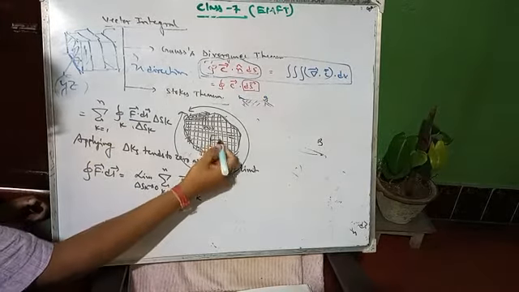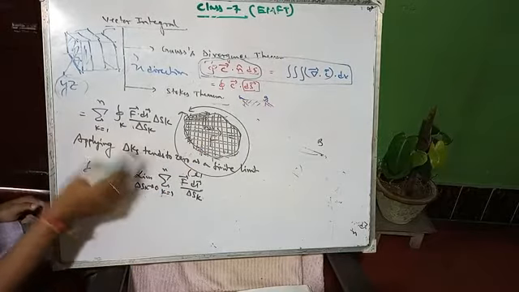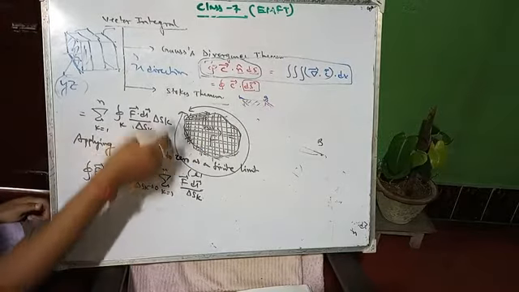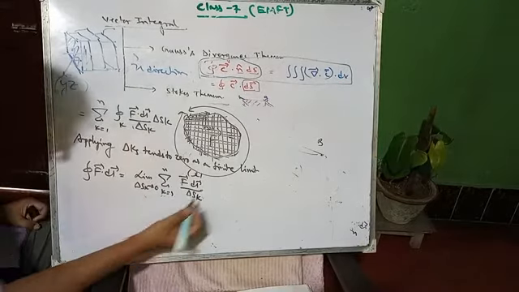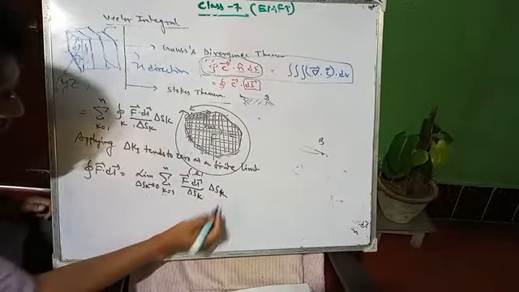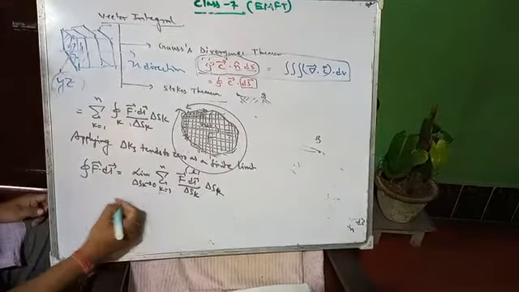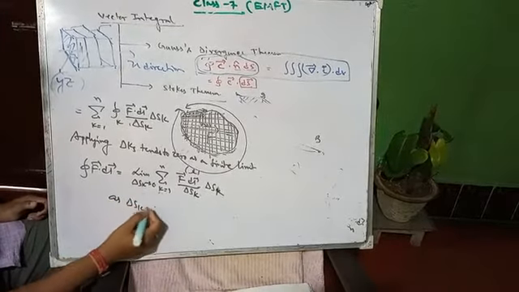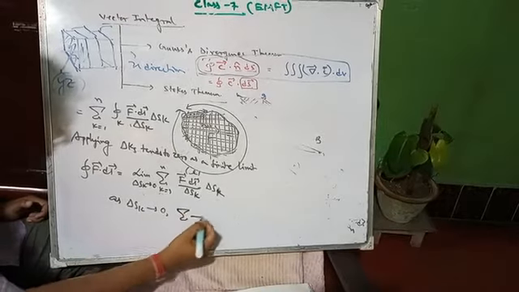Taking this vector as f vector; last time I discussed it with c, now it is f. Now as del sk tends to 0, the summation becomes integration.